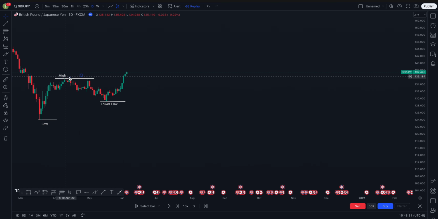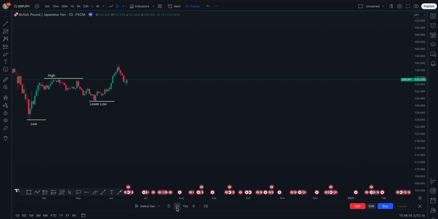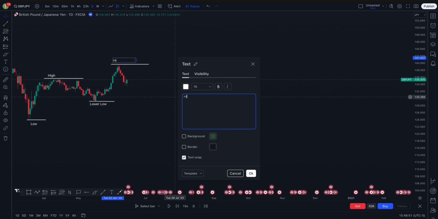And then, because this high is broken, we now have to wait for it to form a higher high. So this now becomes a higher high.